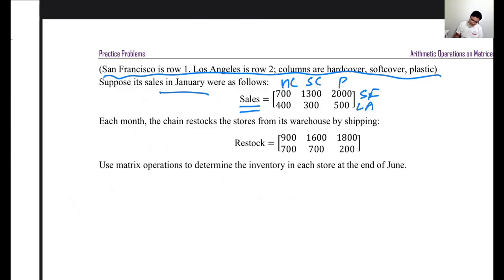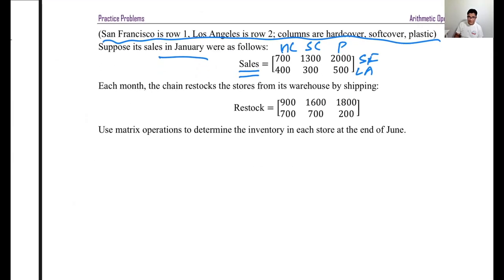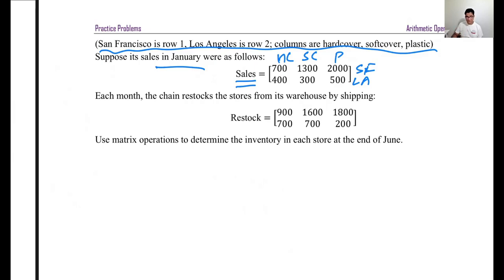And the stores also do restocking, right? You have inventory, you do sales, and you will be doing restocking simultaneously. And these are the restockings for that month. Now the question you are asked is to use operations to determine inventory at the end of June.